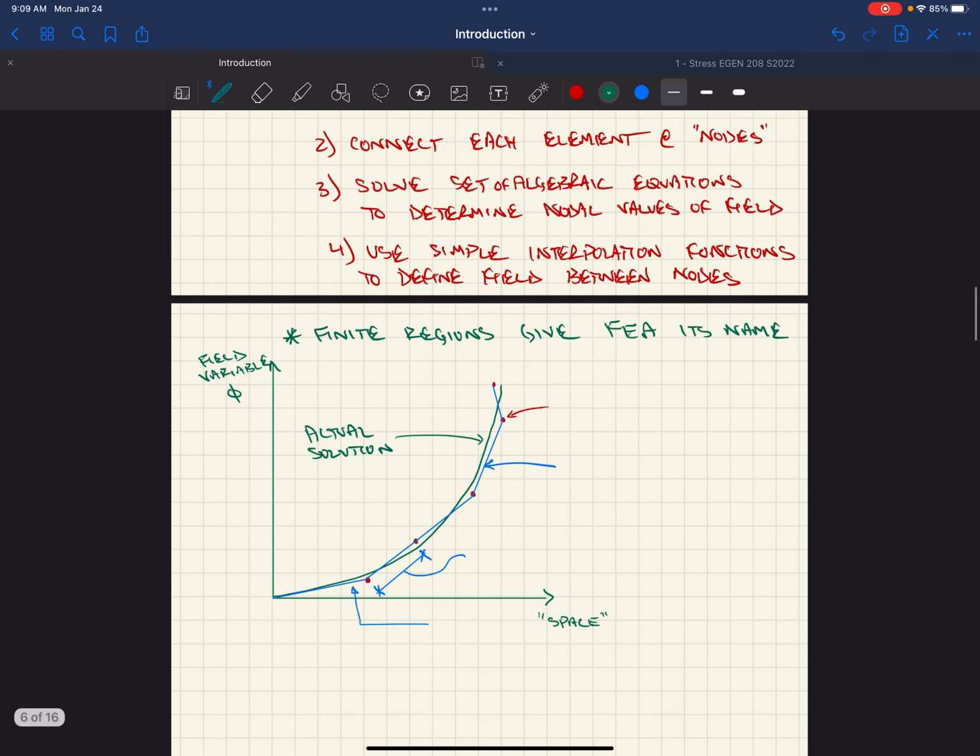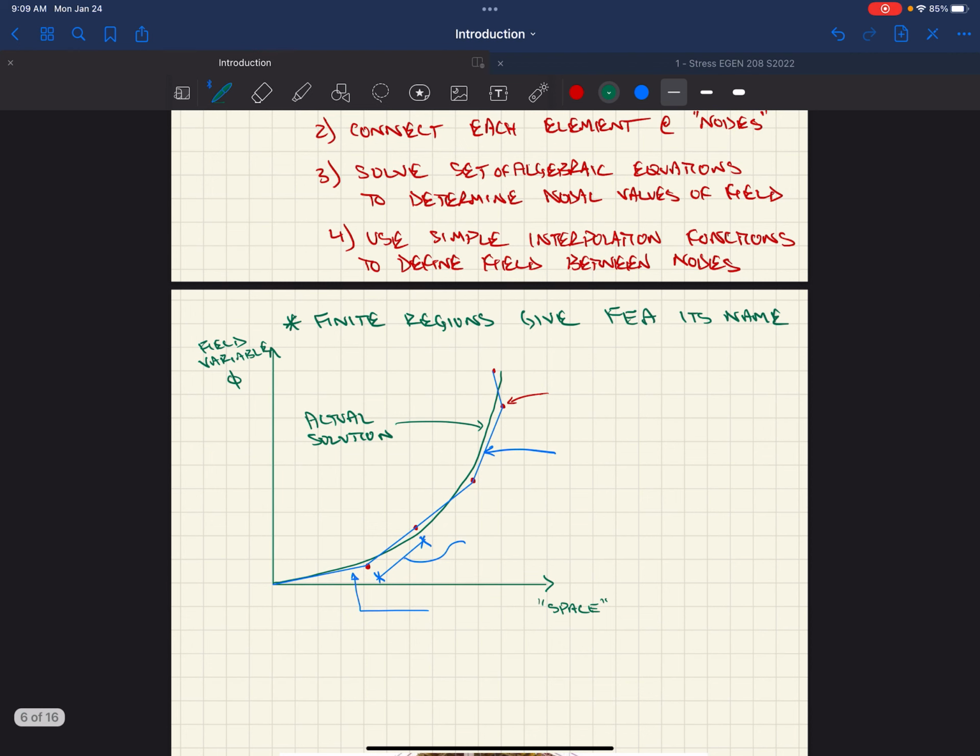And as we divide our system into finite regions, we would call them finite elements. And those finite elements are connected at what we would call nodes.